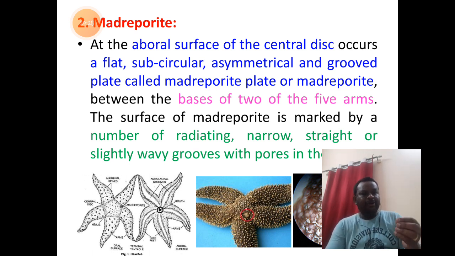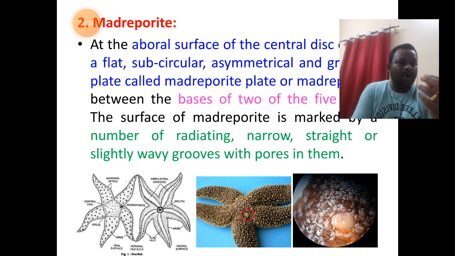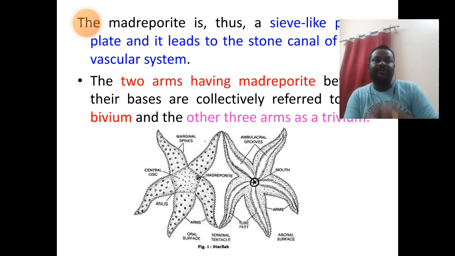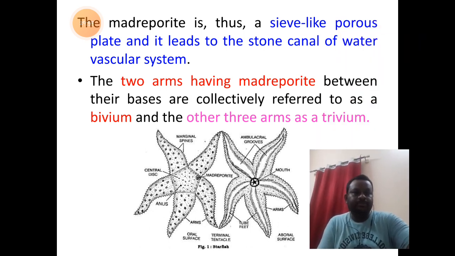It has narrow, straight, wavy grooves with pores within. You can find the enlarged part of Madreporite marked in the center of the picture towards the right side. The white round structure which is enlarged under the microscope is the Madreporite structure of the body of Asterias.